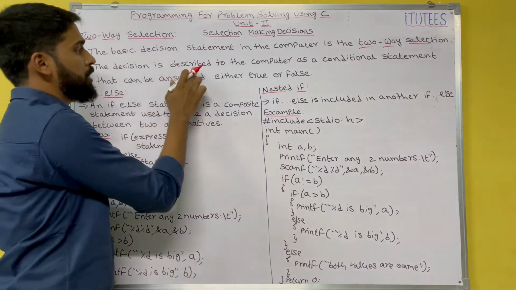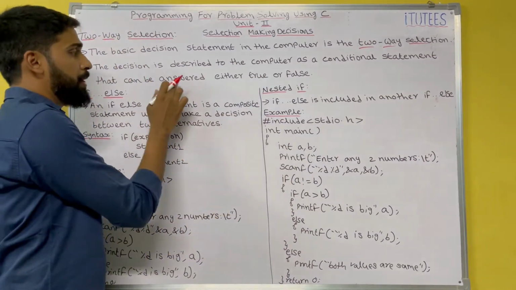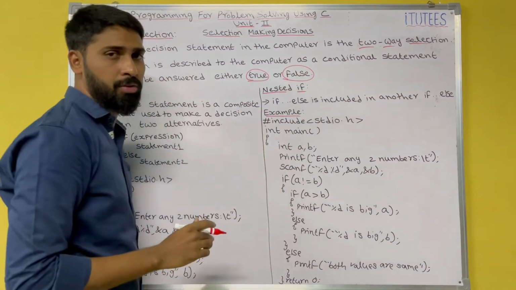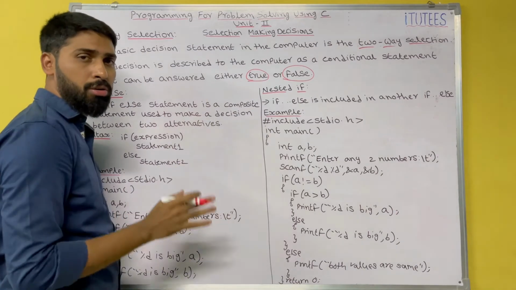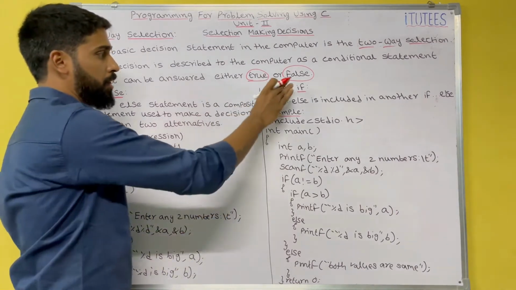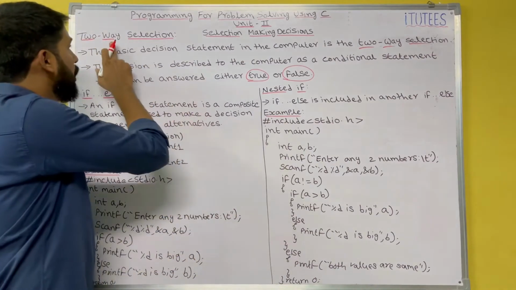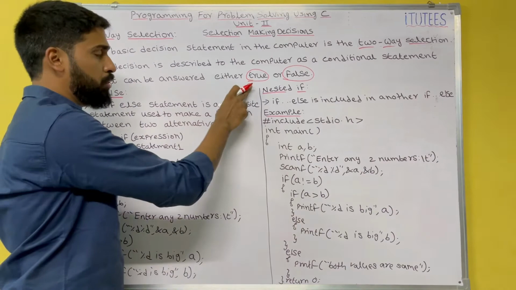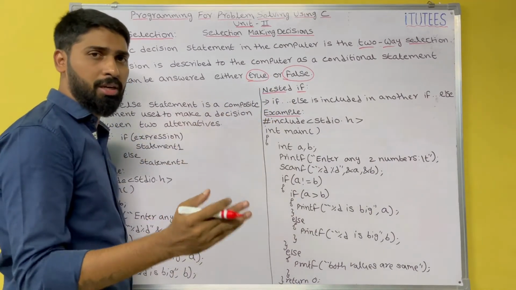The decision is described as a conditional statement that can be answered either true or false. If the condition is true, you choose one path. If the condition is false, you choose another path. That is called two-way selection. There are two ways: if true, we select one path; if false, we select another path.